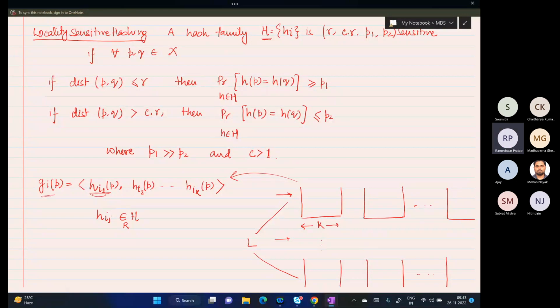So the buckets belonging to this row are identified by this hash function g1, right? Similarly g2 and so on. Sure, thank you.